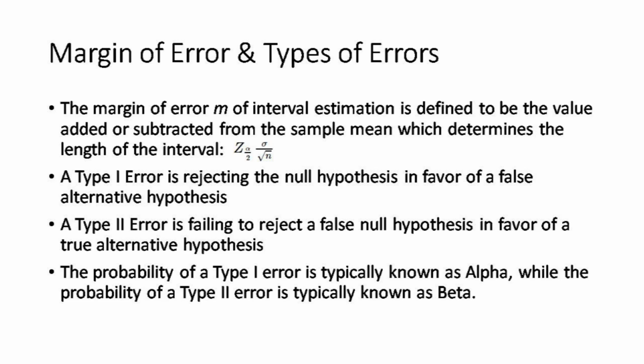So, the very first important factor is the margin of error. Margin of error M of interval estimation is defined as the value which is added to or subtracted from the sample mean and that determines the length of the interval.